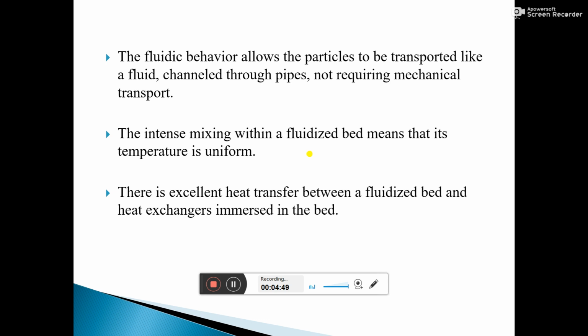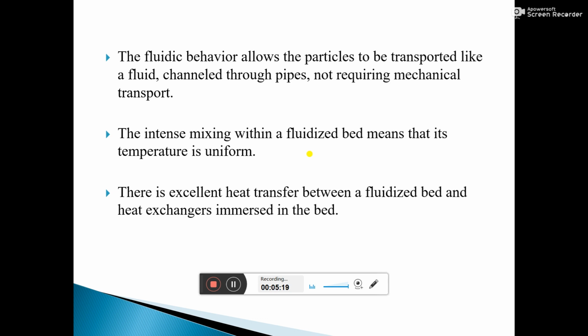Transporting those coarse particles mechanically is very difficult. By using this fluidic behavior, you can transport those coarse particles over small distances using fluidized beds, by channeling the coarse particles through pipes.